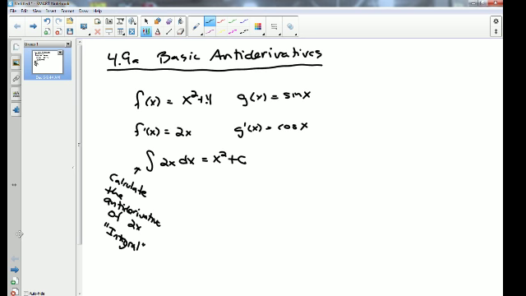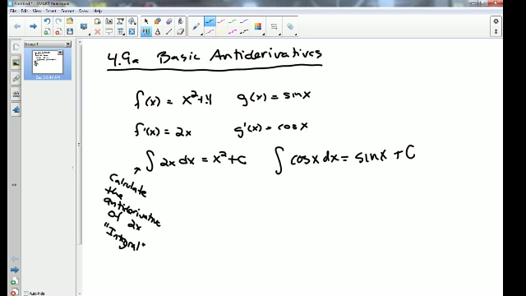What is the antiderivative of cosine x? Sine x? Don't forget your constant. Now the constant might be 0, but we just don't know yet. We're taking 3 days on this section, so baby steps.